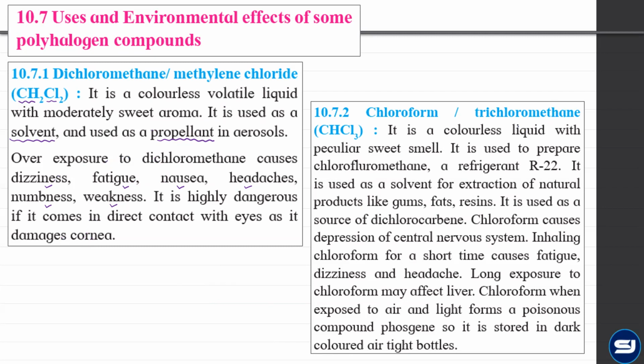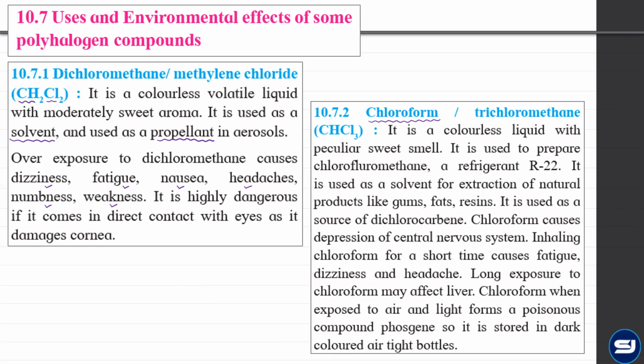Chloroform या trichloromethane. It's a colorless liquid with peculiar sweet smell. Chloroform आपने बहुत सारे movies में देखा होगा. It is used to develop unconsciousness to the human body. So it was earlier used as an anesthetic in surgeries, but because of the side effects, this use was stopped.